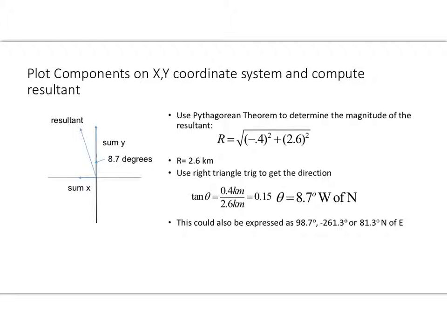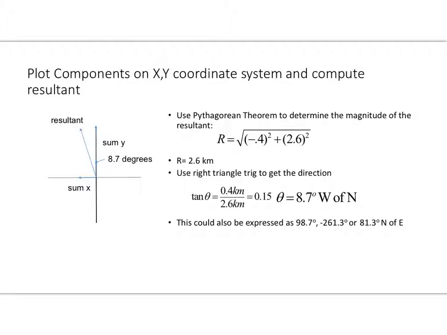Okay, so finally, I created a diagram here. Here's my xy coordinate system. This would be the sum of the x's over here, which was negative 0.4. And then this vector represents the sum of the y's, which was 2.6.